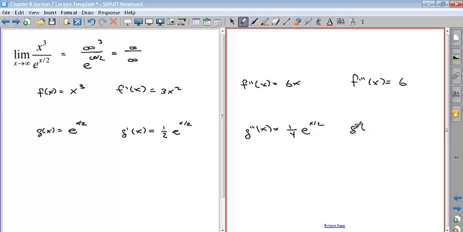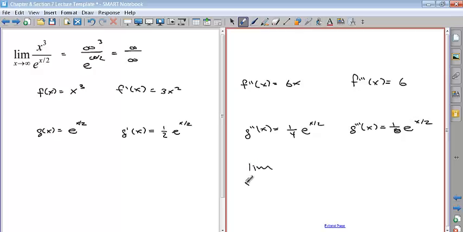And the third derivative is going to be 1/8 e to the x over 2. Again, at this point, if we took the ratio of these two, we'd still have infinity over infinity. It's not until we get to this part where one of the terms is not infinity, so it's not indeterminate anymore.